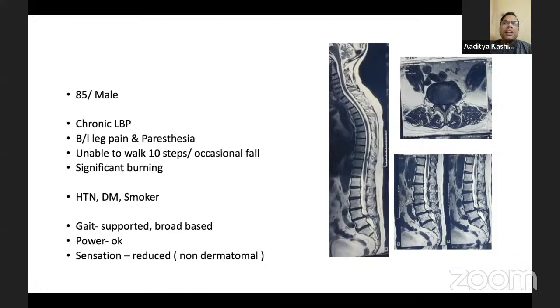So symptomatically, if only L4-5 is symptomatic and stenotic, then only doing L4-5 makes sense. But again, I think we have to be open-minded in such scenarios rather than having fixed ideas.